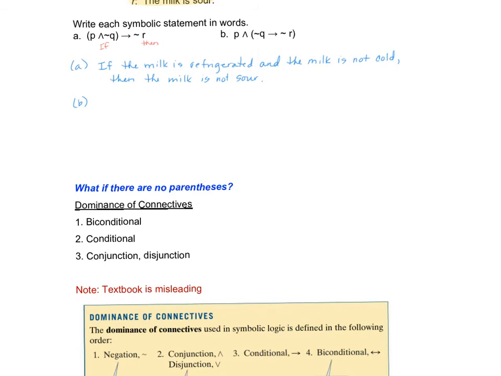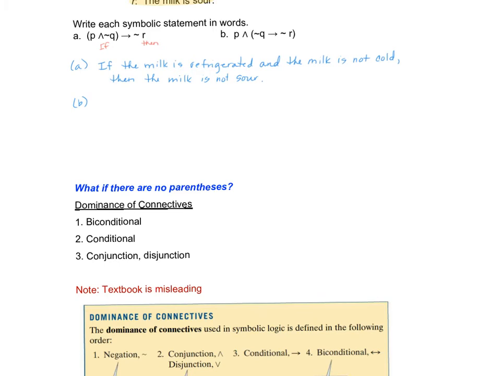I have a direct translation from symbols to words, and it's fine. Oftentimes on my math lab, you'll find that it's a direct translation. Other times, they'll kind of clean it up a little bit, maybe change the words around, same meaning, different words.